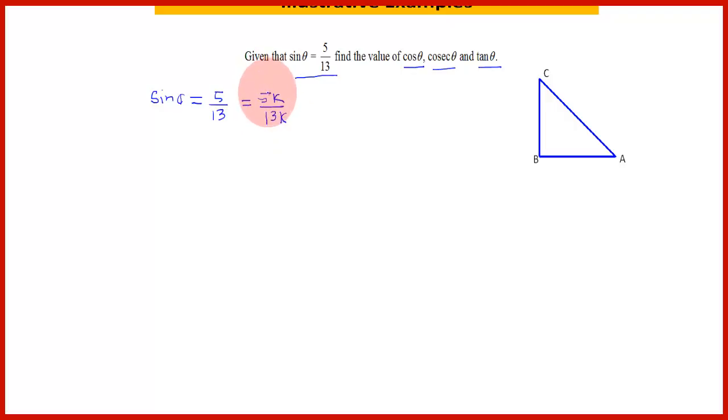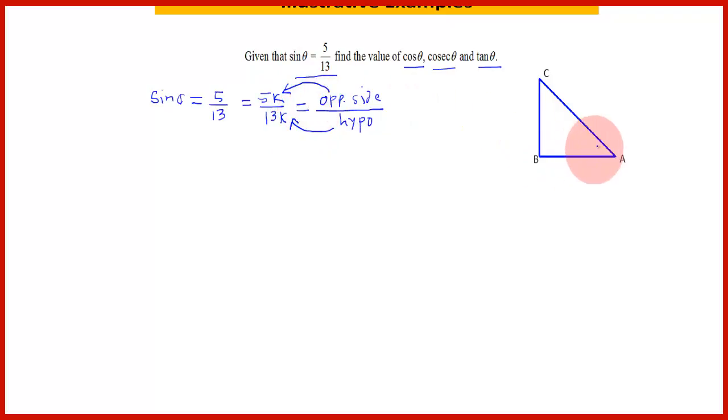and therefore sin theta is equal to, we know, opposite side upon hypotenuse, and so the opposite side will be 5k and the hypotenuse will be 13k.